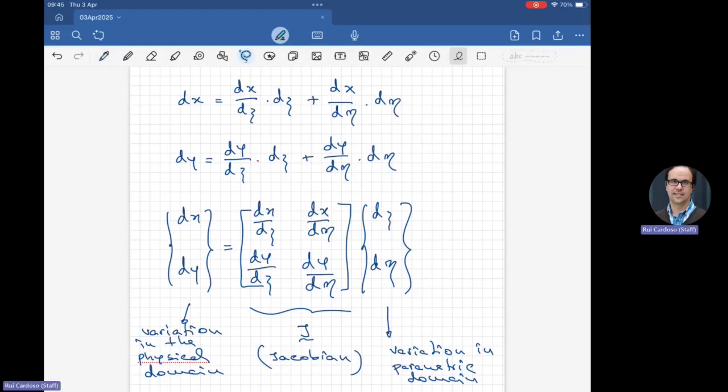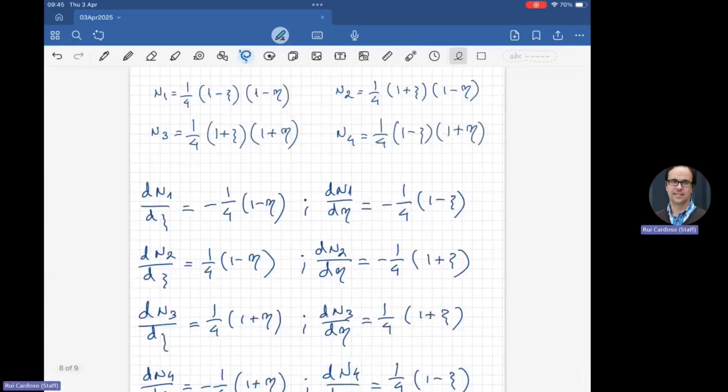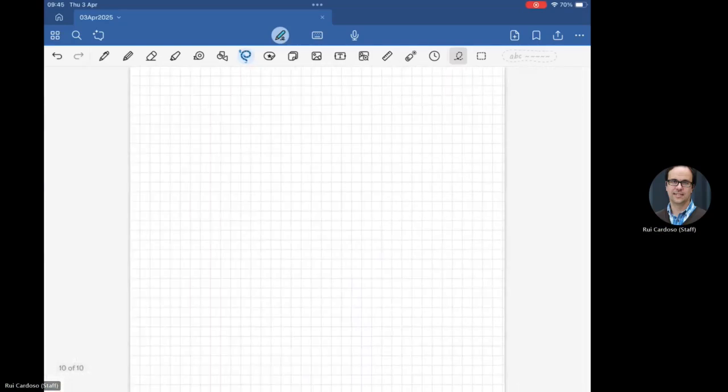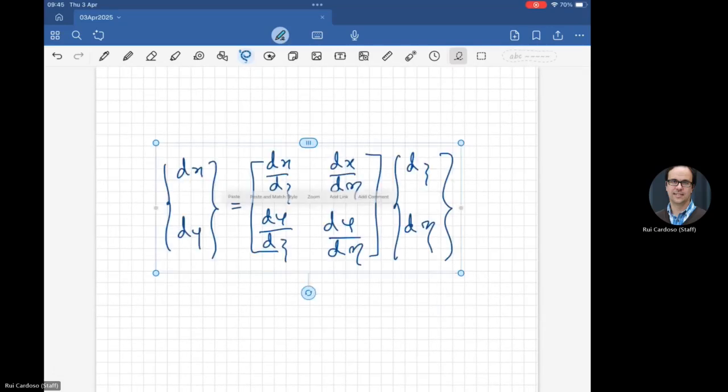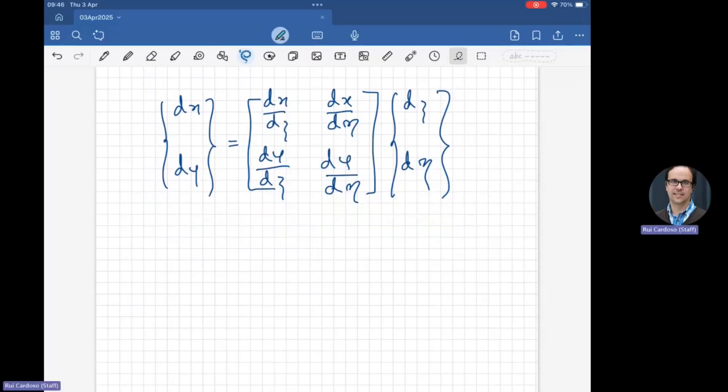Let me do one thing very quickly. Now, Jacobian is also used for coordinate transformation between the parametric domain and the physical domain.